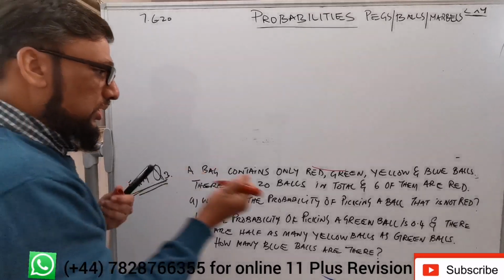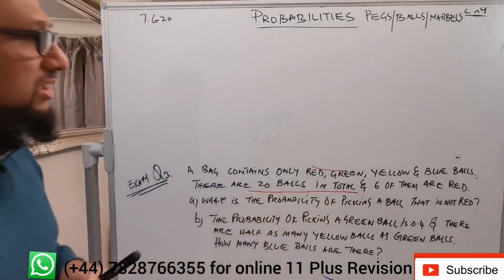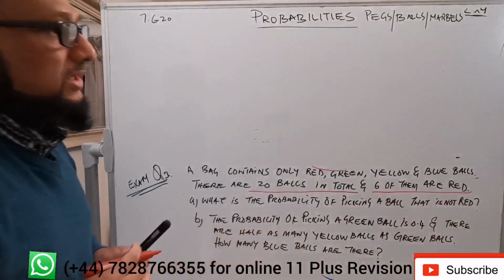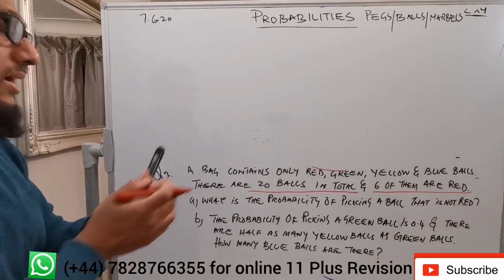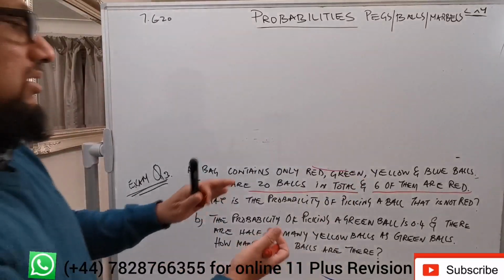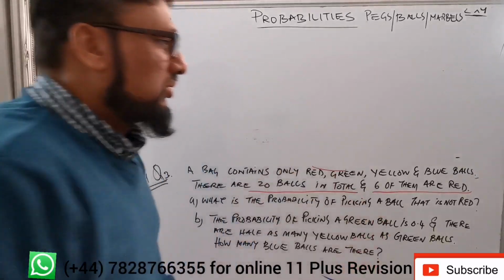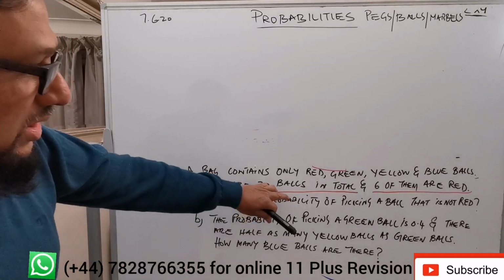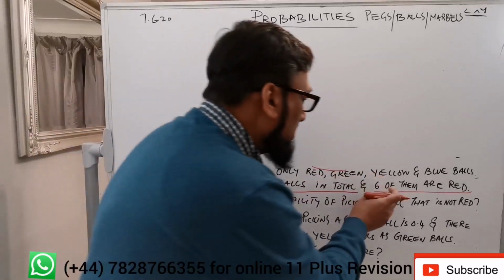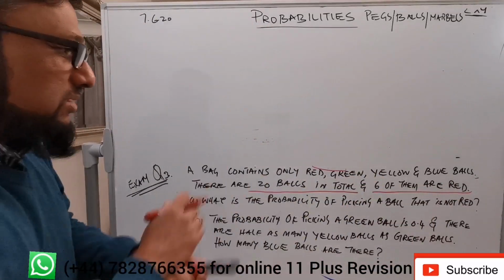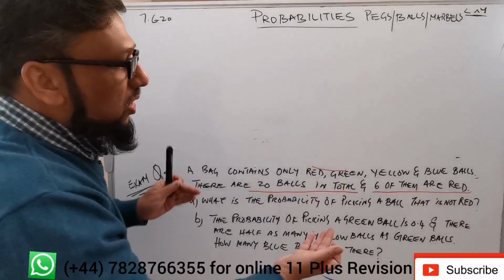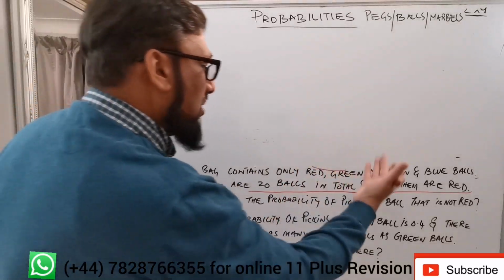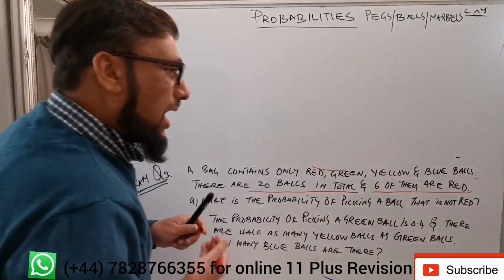So they are giving you the total number of balls: 20. 6 of them are red. In this question, they are not giving you how many are green, yellow or blue. They are just giving you the information that out of 20 balls, only 6 are red. So the remaining 14 balls, we don't know how many are green, yellow and blue.